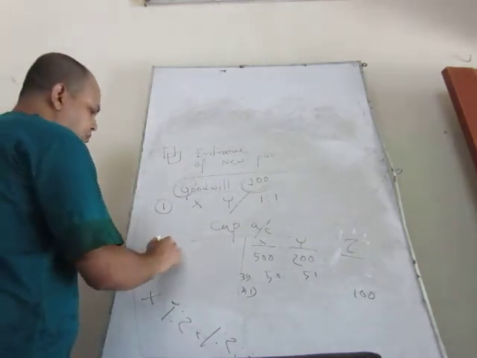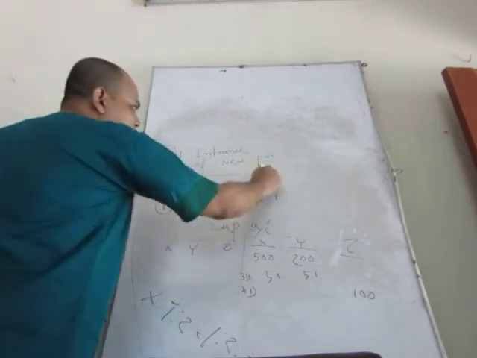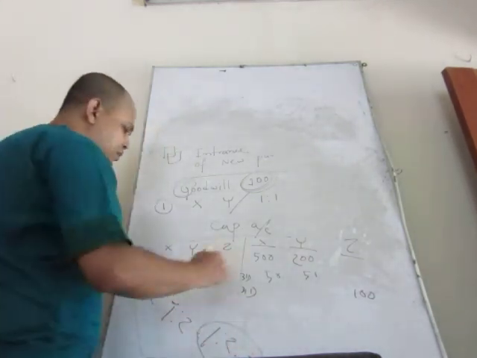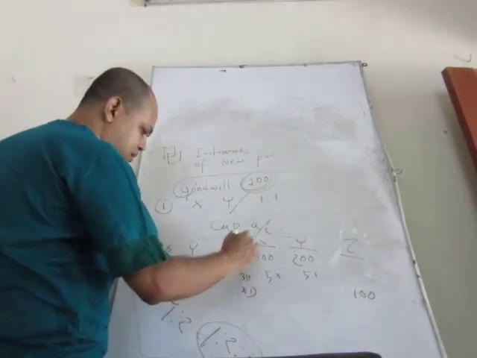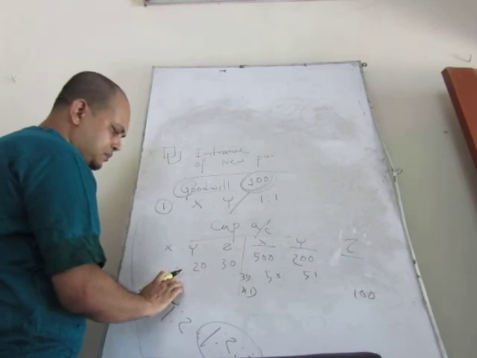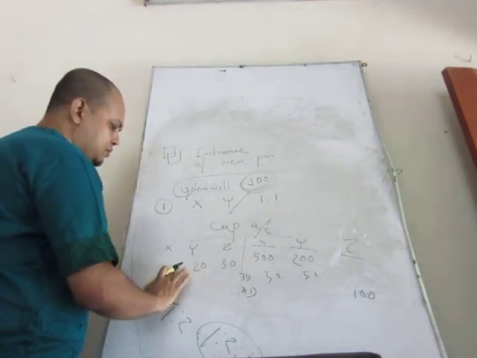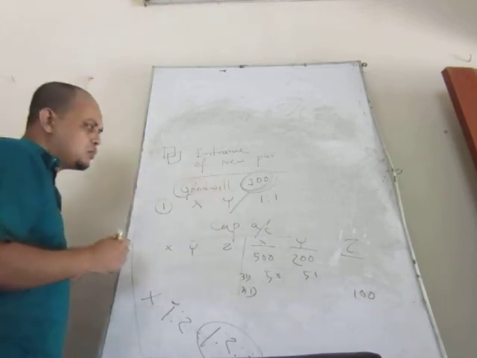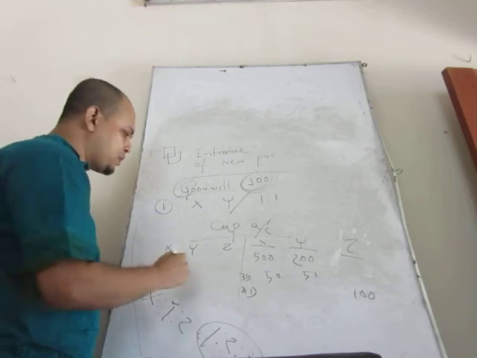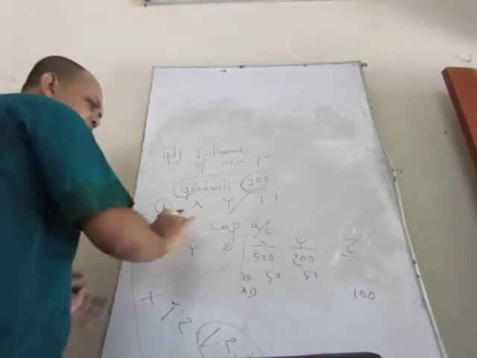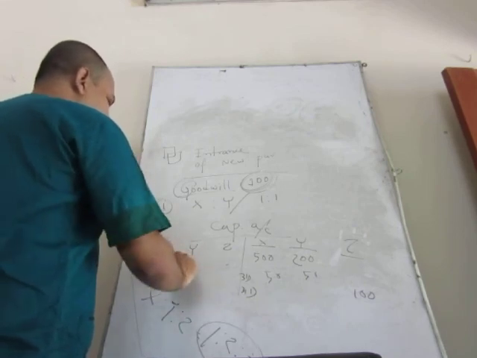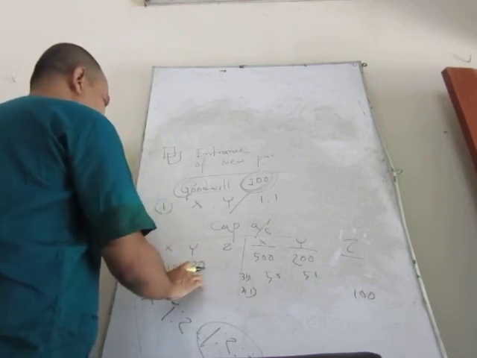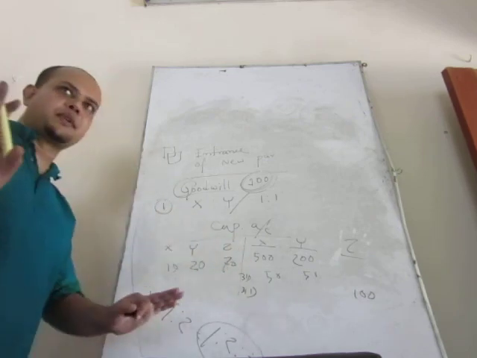So the $100 will be apportioned between X, Y and Z according to the new ratio. Suppose, for example, this is 10, this will be 20, and this will be 30.